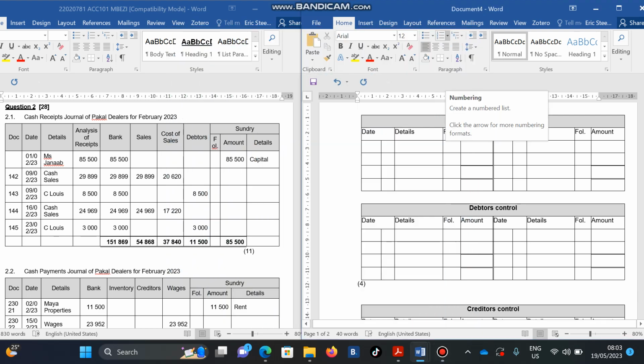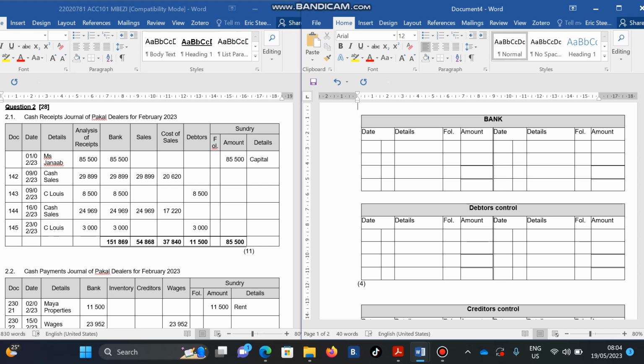In this lesson, we are now going to post from the journals to the general ledger. Your journals have headings like bank, sales, cost of sales, debtors control, and anything that you have on the Sundry card.